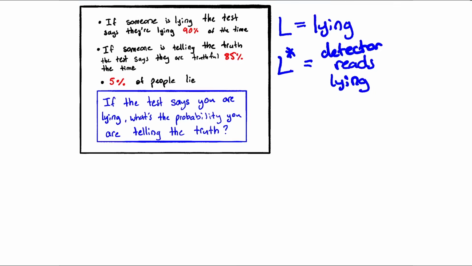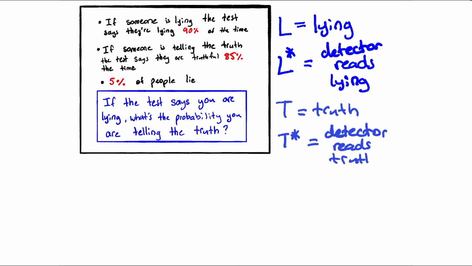Now let's do the same thing and define our events for the truth telling. So let's say capital T is you're telling the truth, and let's say T star is that the detector reads truth.